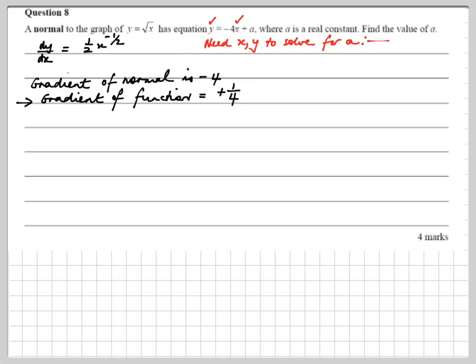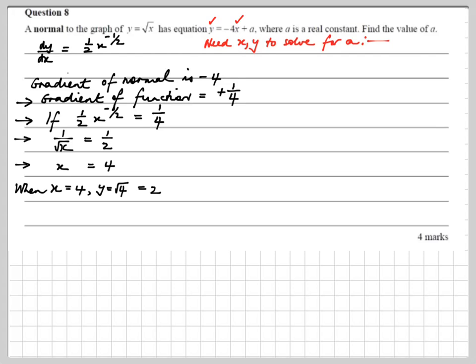Now we're cooking along nicely. We can put that plus a quarter into the gradient equation which we've just got up there, and we can solve it for x, you see, right? Therefore x is going to be 4. Now we're getting somewhere. If I plug that x as 4 into the original y equals root x equation, I get y equals 2.